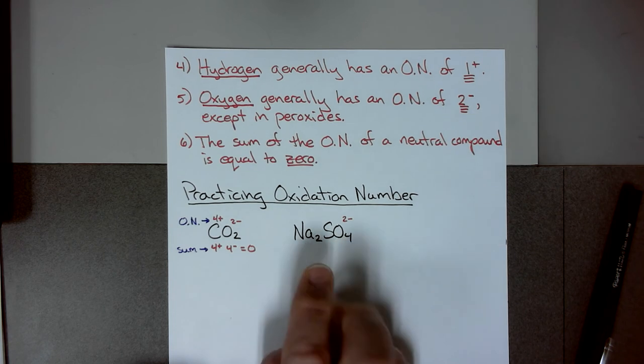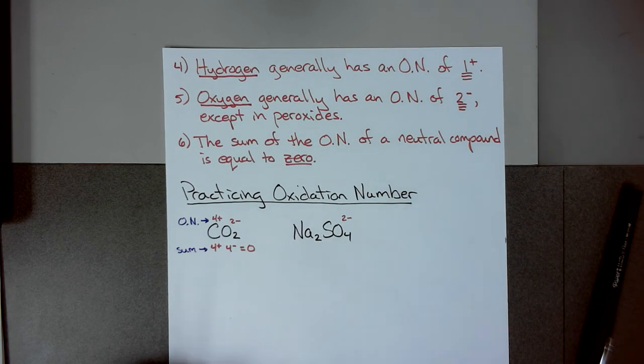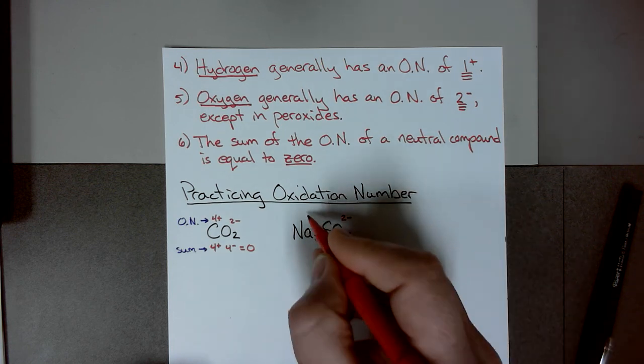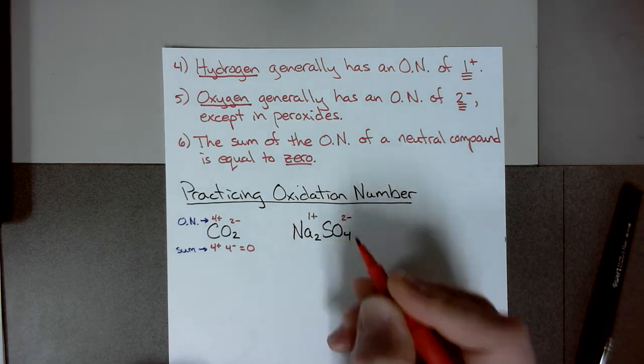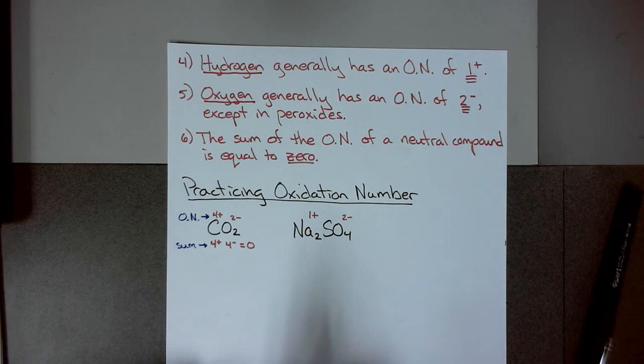It's the center one that you have to figure out that will have a different oxidation number. So we know that sodium, which is a monatomic ion, has a charge of 1+, so we'll say the oxidation number for sodium is a 1+. It's in group 1.